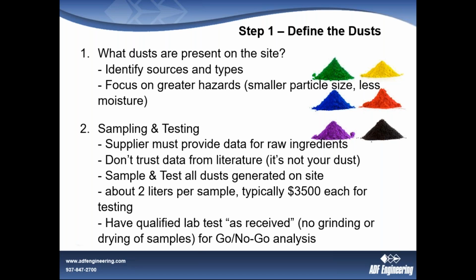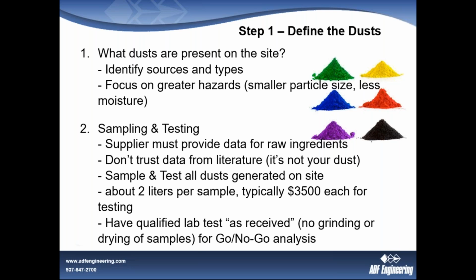What you'll want to do is sort those dusts into categories, types of materials, and then you'll want to identify the ones that are greater hazard, that have smaller particle size, that are drier materials, that present the greater hazard, and then you'll hold your facility to those worst case hazards.